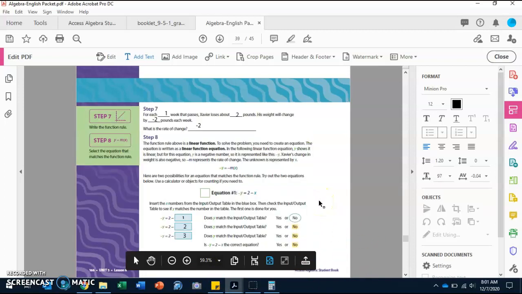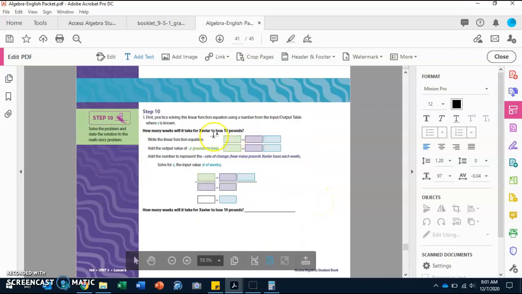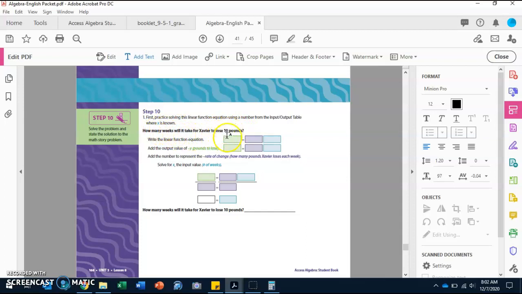So we need to figure it out. Here, guys, what we're going to put is how many weeks will it take for Xavier to lose.